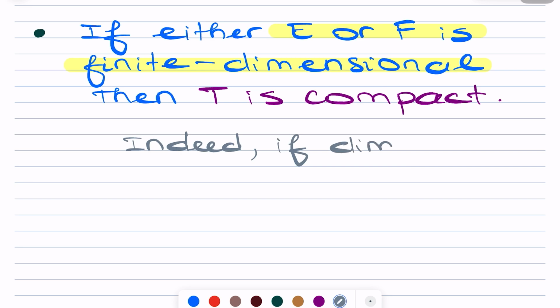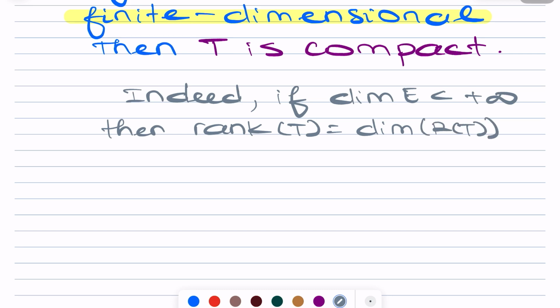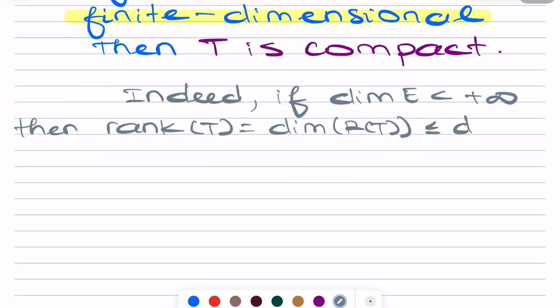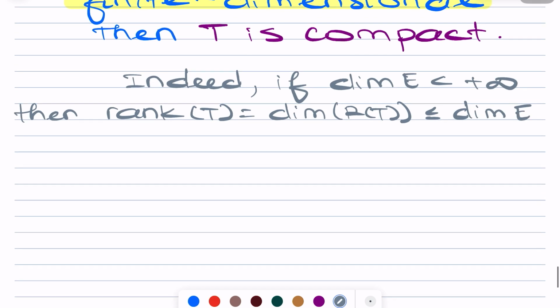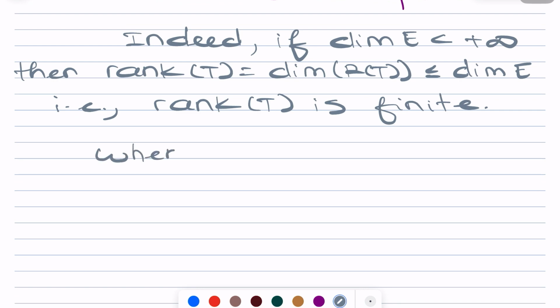So indeed, if E is finite dimensional, then we know that the rank of T, which is just the dimension of the range of T, is less or equal than the dimension of E. So this means that the rank of T is finite, hence T is a compact operator.